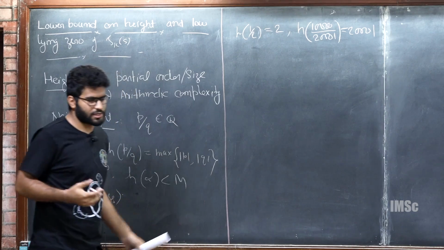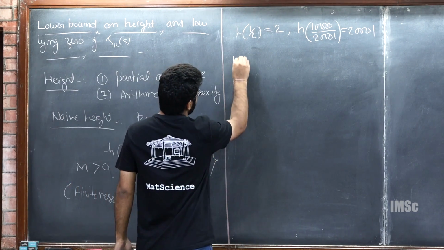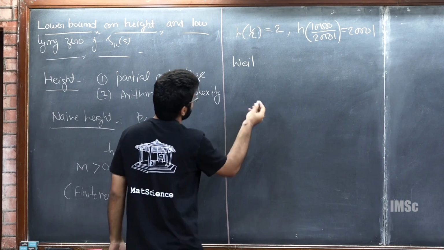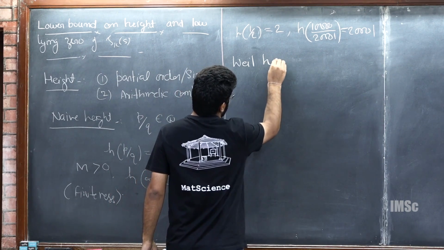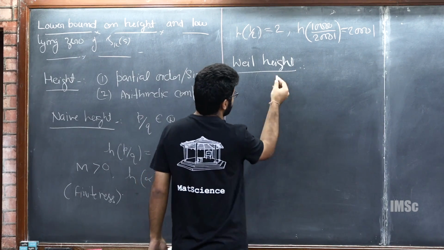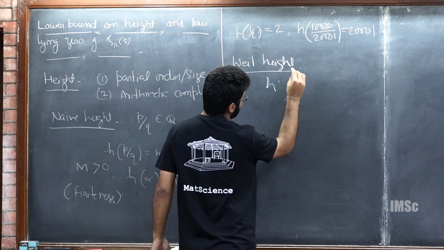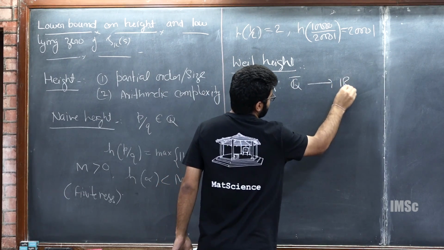The classical height, known as the Weil height, was defined by Andre Weil. We are going to define Weil height on algebraic numbers.